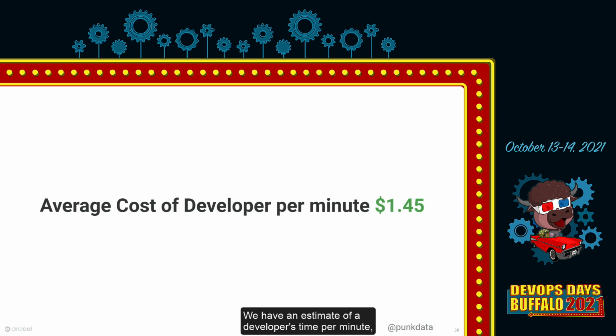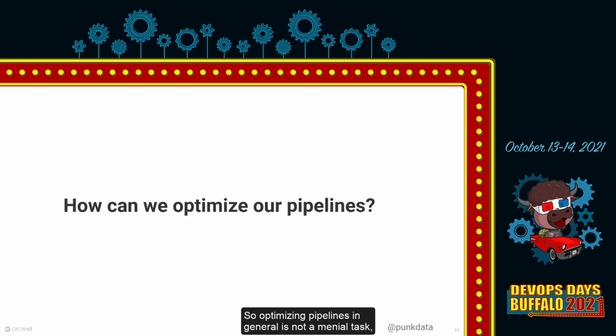We have an estimate of developers' time per minute, and we roughly calculated that to be about $1.45 US dollars per minute for every developer minute. So, you can imagine if you're sitting around waiting for systems or your CI/CD pipelines for quite some time, it can get quite expensive. So optimizing pipelines in general is not a menial task, and it is a continuously moving target, but it can be accomplished keeping teams and release cycles humming efficiently.